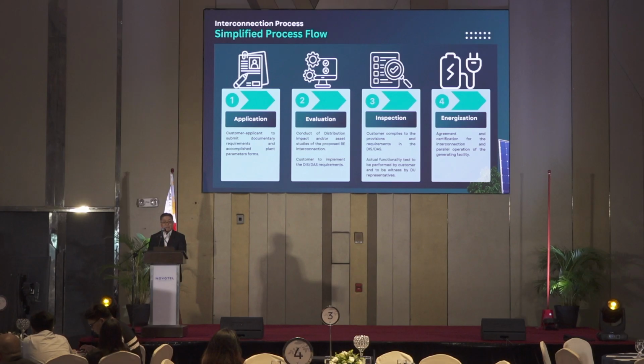If you're going to apply with Meralco, the customer applicant has to supply all the necessary documentary requirements, as well as accomplish a plant parameter form. And the plant parameters that you submit will be used in our evaluation using our distribution impact study to ensure that your interconnection will not have any adverse effect to the system, as well as a distribution asset study if the interconnection will require the installation of any facilities or extension of facilities by Meralco.